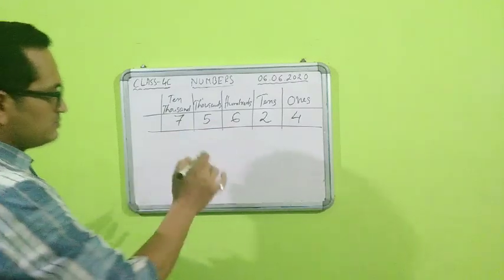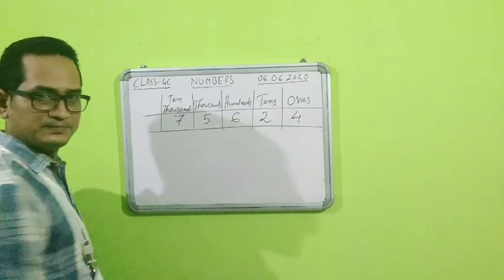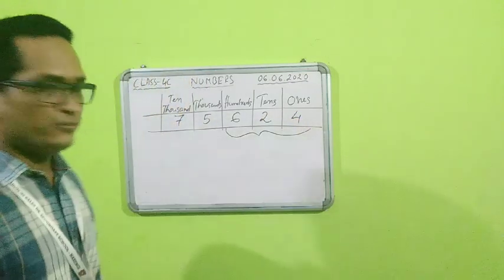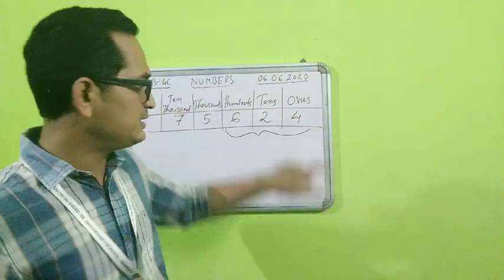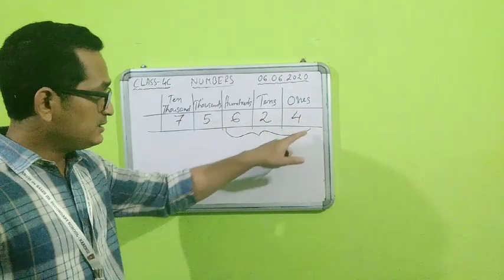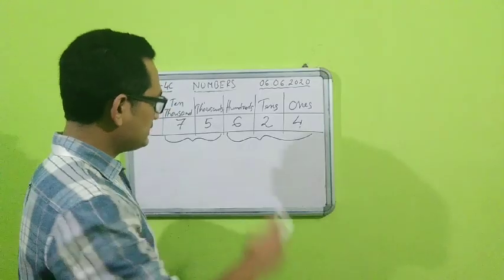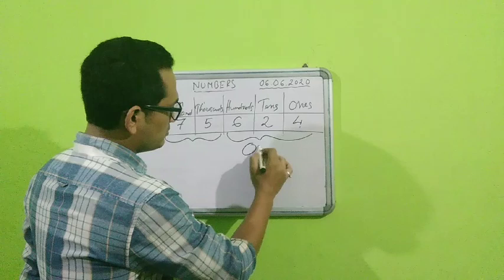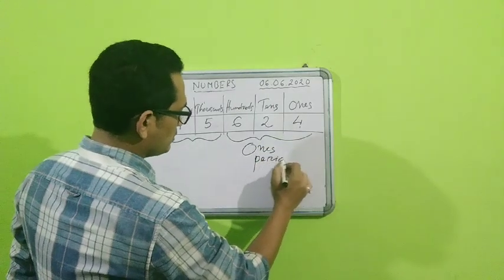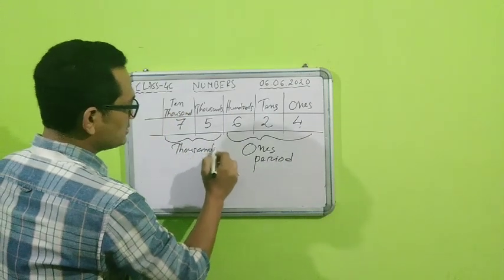Now these are ones, tens, hundreds. This particular 3-place group we actually count together. Ones place is there, tens is there, hundreds is there, but these first 3 places we consider the ones period, and the next is the thousands period.